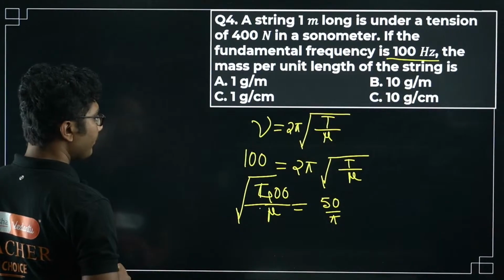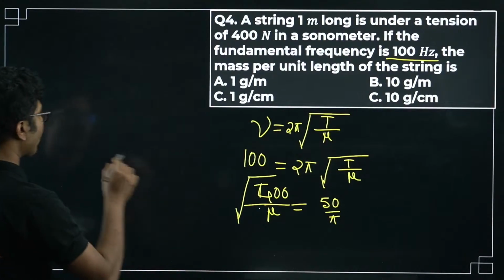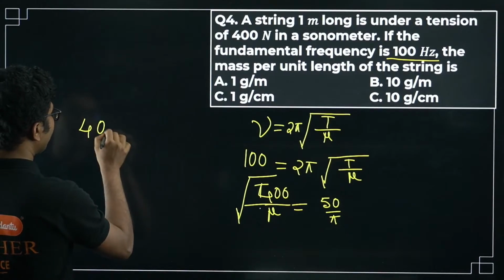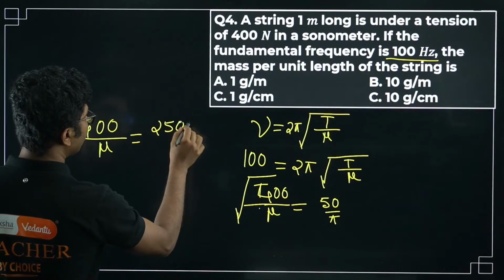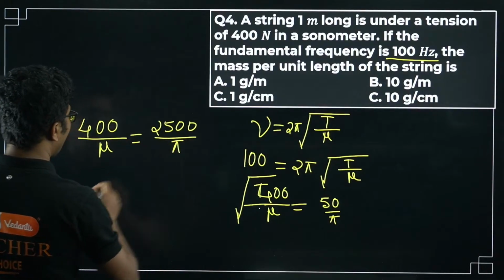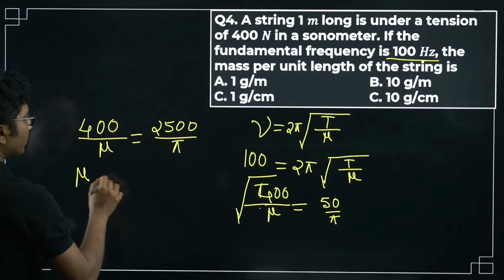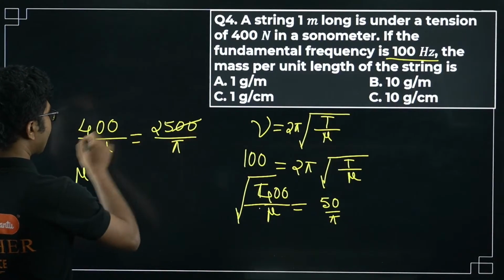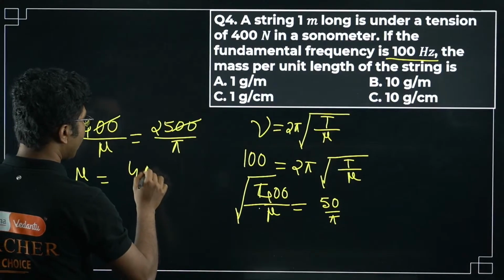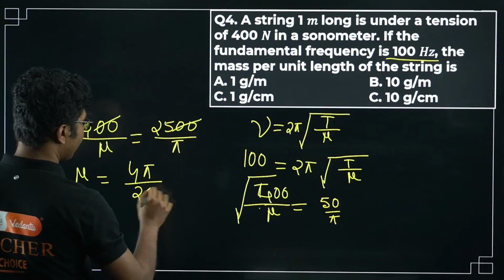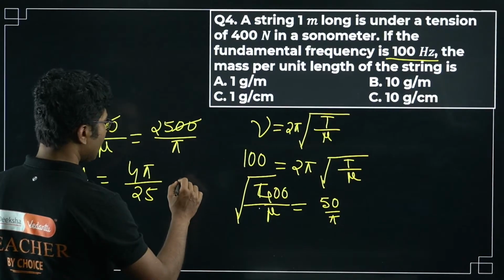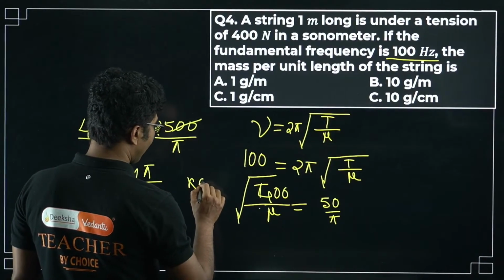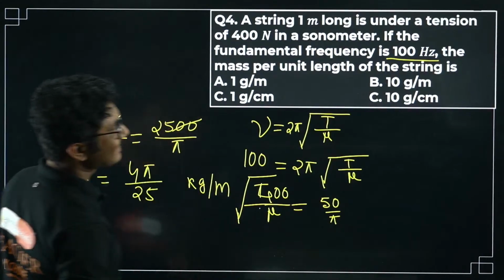So it will be T by mu, that is if you do the square on both sides, you get 400 divided by mu equals 2500 divided by pi, or mu equals, 0 cancels, you get 4 pi by 25. Now this is in kg per meter.